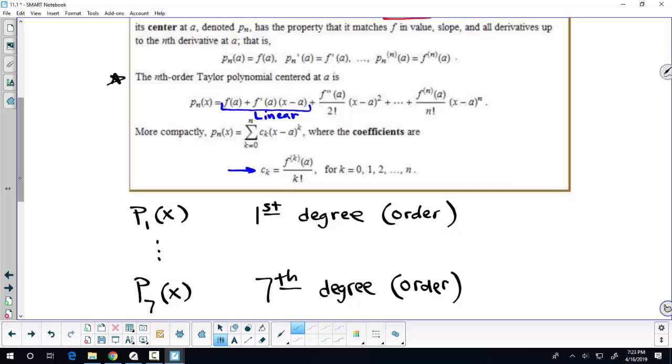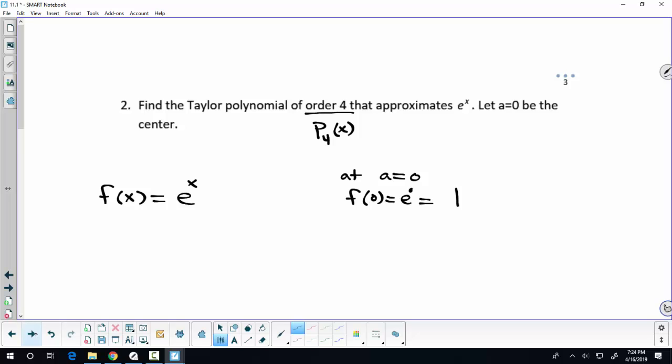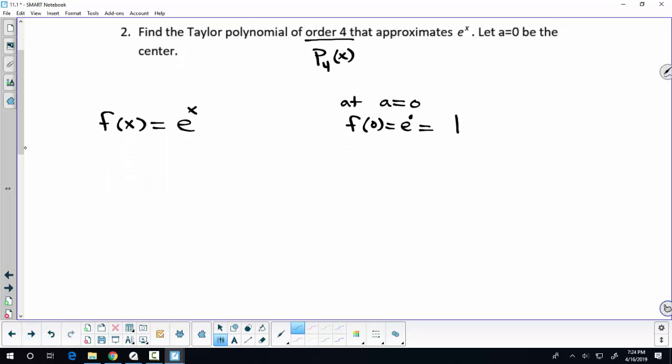So evaluated at a, and that's your c sub k right there, is this piece right here. And so we've got to go out 4 derivatives. So fortunately, all the derivatives are the same. So we've got first derivative is e to the x, evaluated at 0, again, is 1.